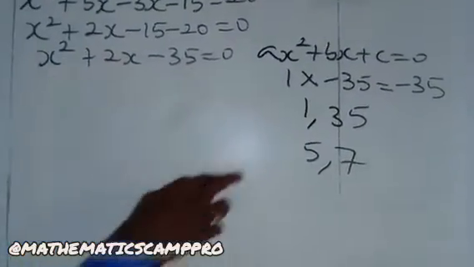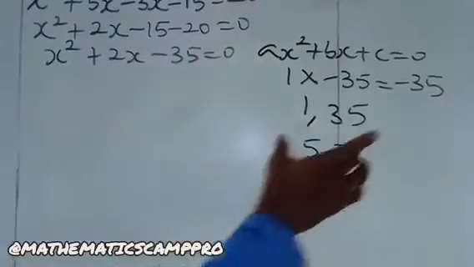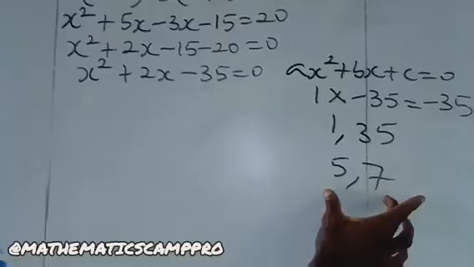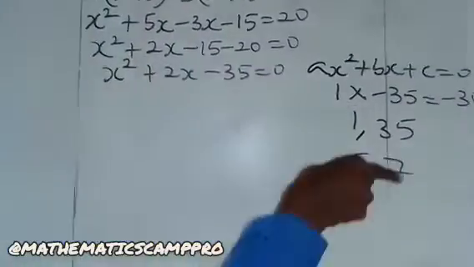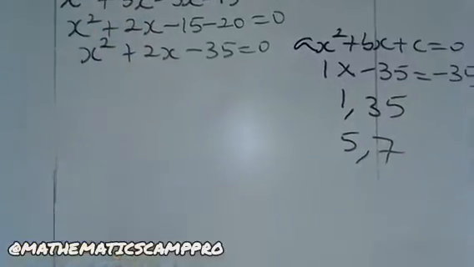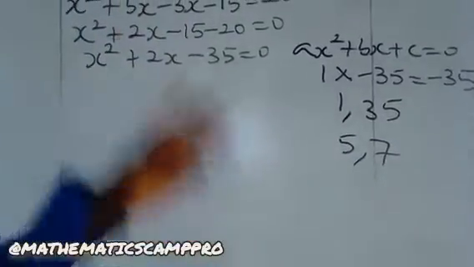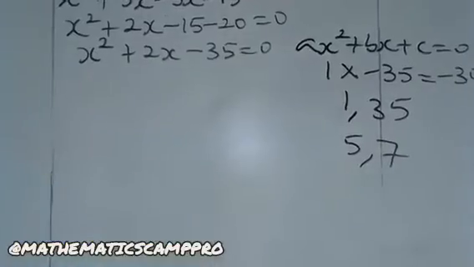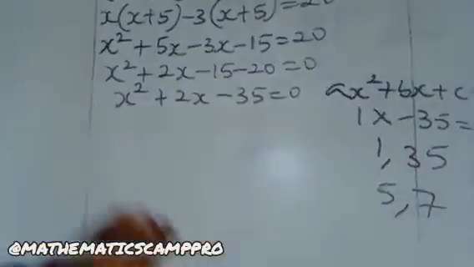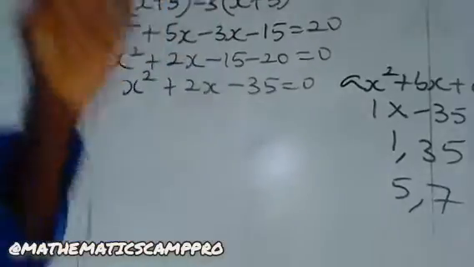Now you will see viewers at home, 1, 35 is not going to work out. 5, 7 is what we are going to work with. Now we want to get minus 35 and also we want to get plus 2. Remember I gave you the concept. Minus times minus is plus, plus times plus is plus, while plus times minus is minus, and minus times plus is minus.